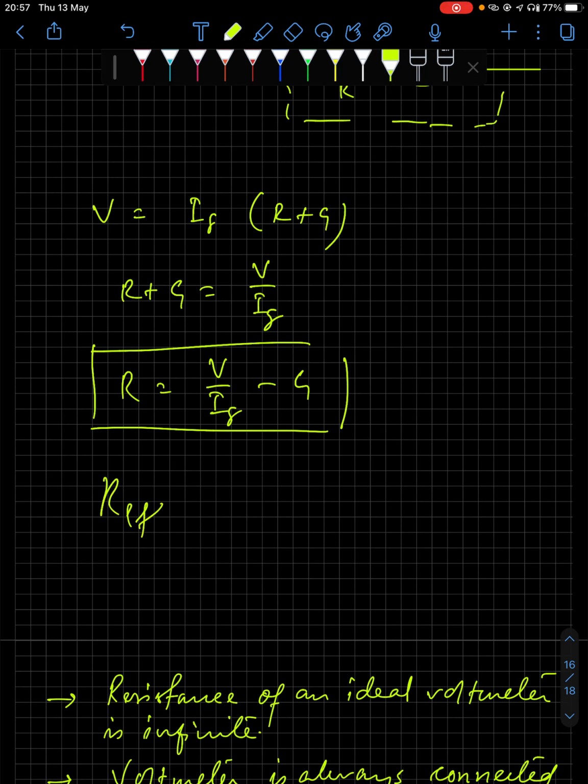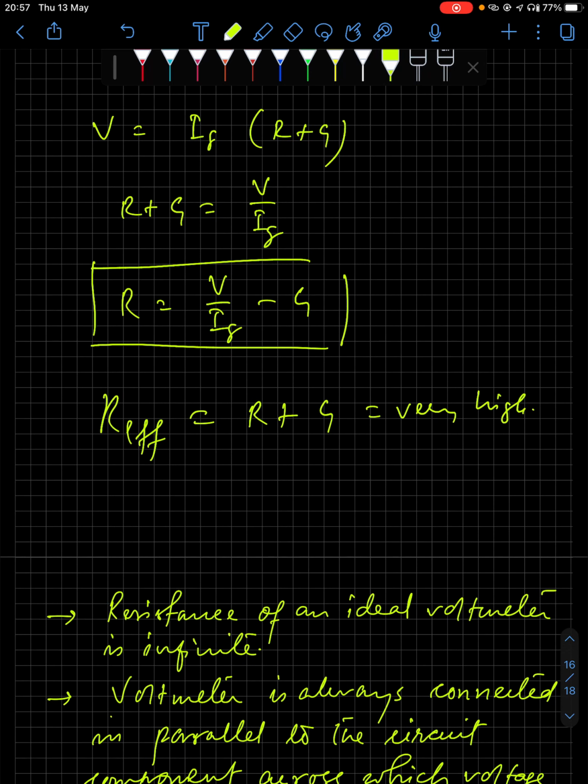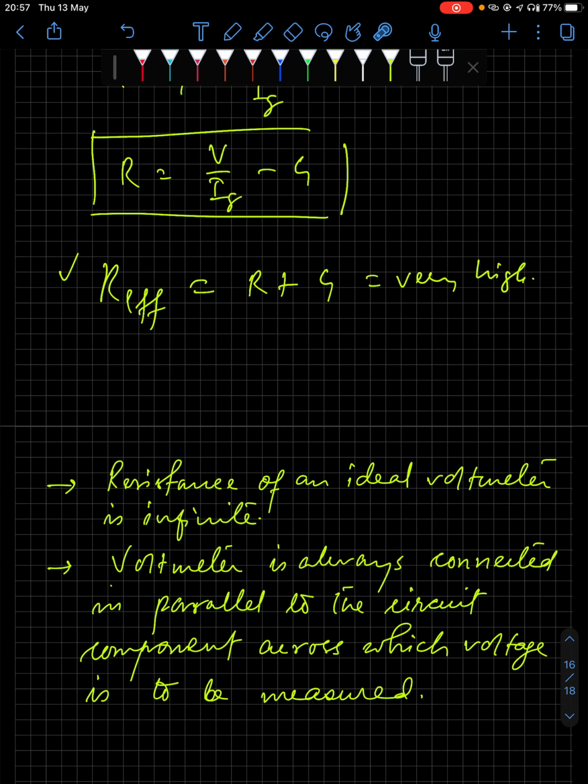The effective resistance is given by, since this is a series circuit, straightaway adding up the individual resistances. This will have a very high value. So an ideal voltmeter will have very high resistance, that is, infinite resistance.